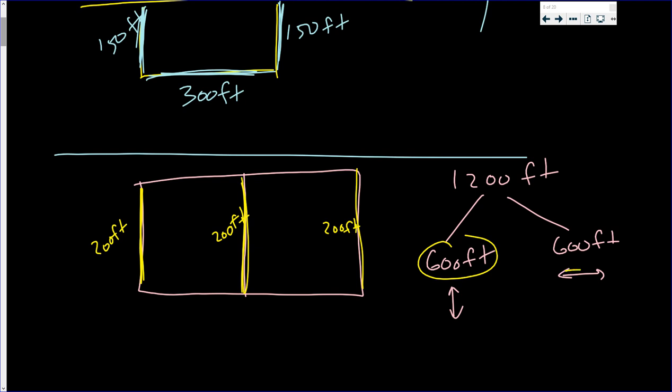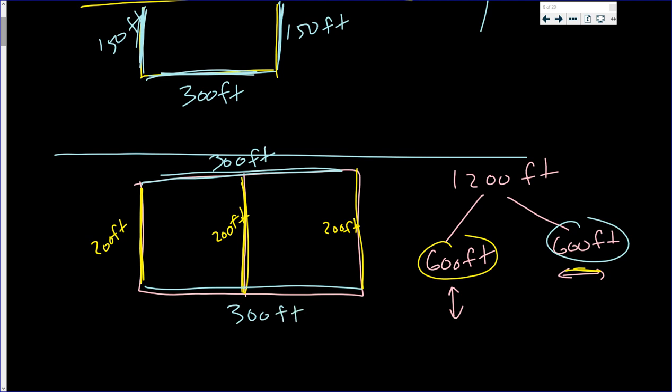For horizontal, you have just 2 pieces, so you divide it by 2, and you get 300 feet each. That's going to give you the maximum area. It's going to be 300 feet by 200 feet.